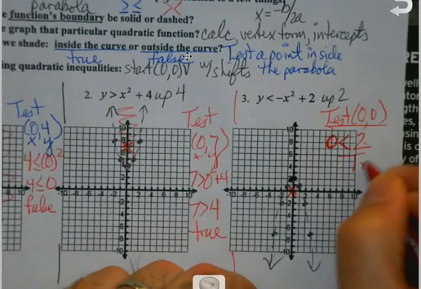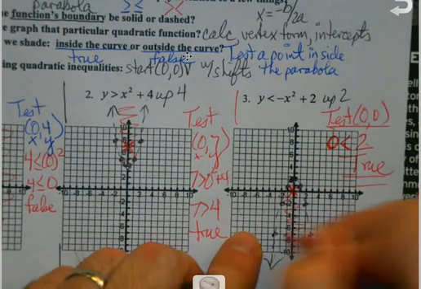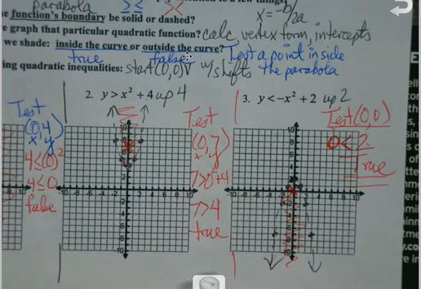See? It is. So I stay inside the parabola. Okay. So this way works well when I just have x squared and a plus or minus number. But again, I can just punch it in the calculator. It would get me the same information back.